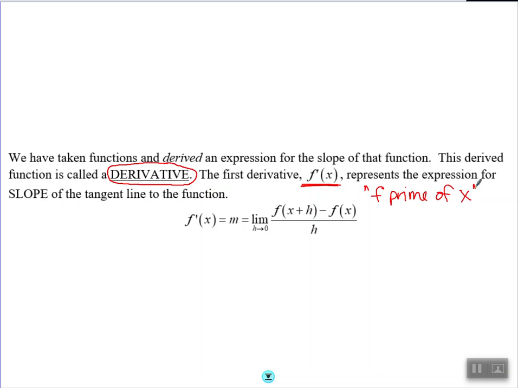That is the notation that represents the expression for the slope of the tangent line to the function. So to put everything together, we have f prime of x is equal to m, which is equal to the limit as h approaches 0 of f of x plus h minus f of x all over h. This is the formal definition of the derivative.